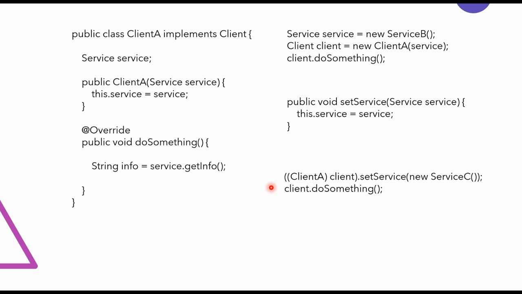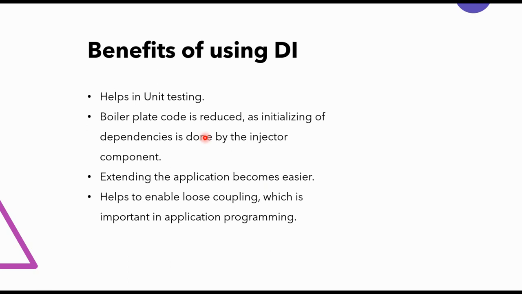If we understand dependency injection, we should also know the advantages and disadvantages of dependency injection. First we look at the benefits. It helps in unit testing. How? If we use dependency injection, we are not dependent on hard-coded object creation.